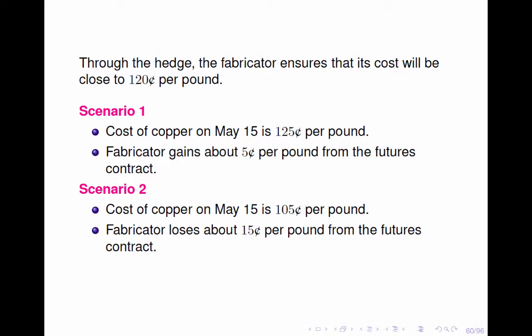Therefore, his overall cost will still be around 120 cents per pound. From this example, we can see that in the case when we want to buy certain asset in future, a long hedge helps us to lock in the future purchasing price, and thus eliminates the risk of the asset price increasing in future.